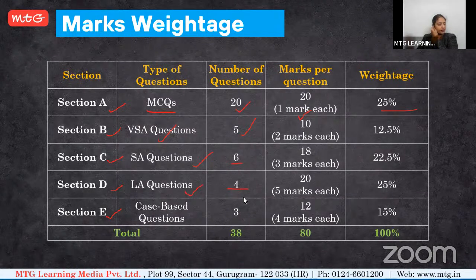At the end, you will have case study questions, 3 case study questions of 4 marks each. In each case-based question, you'll have 3 questions. The first 2 questions will be 1 markers. The third question will be a 2 marker with an internal choice. So this is what our question paper pattern is going to be.